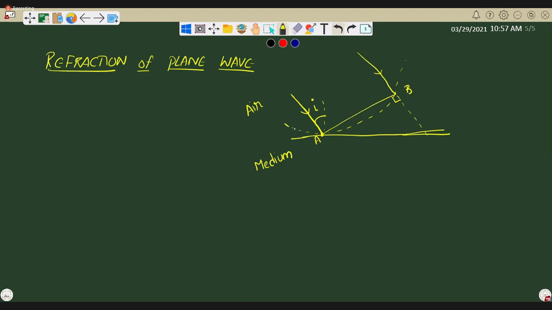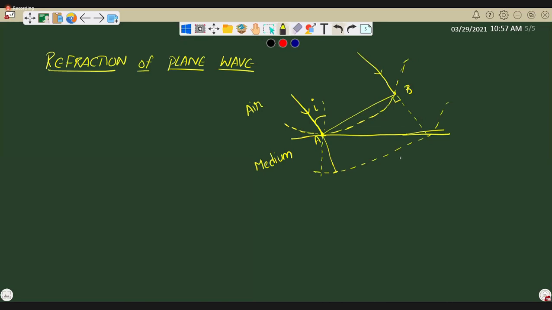Now this is your wave, spherical wave. Now I'm going to draw a normal here, and your wave will go like this. Now when this point has reached this point, I will tell my wave is something like this.